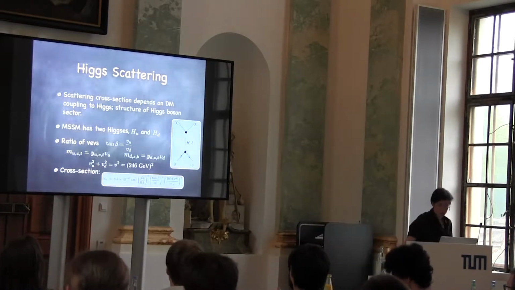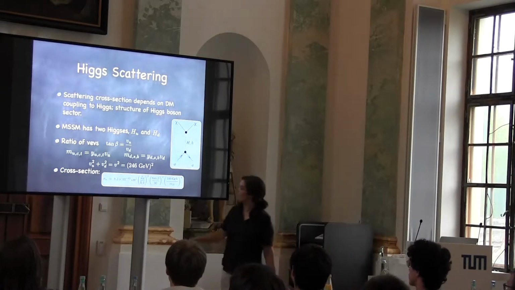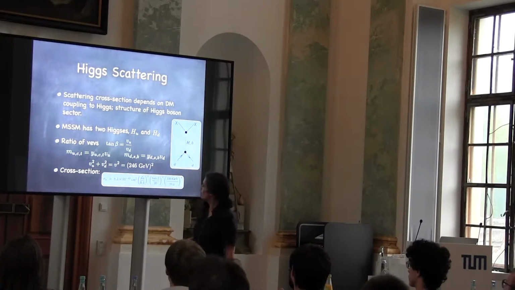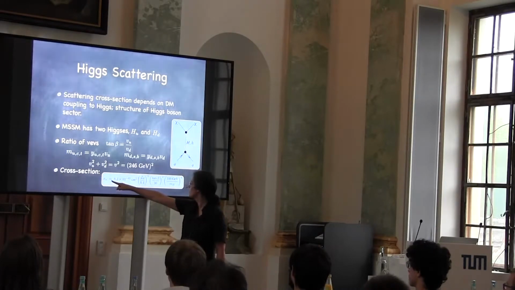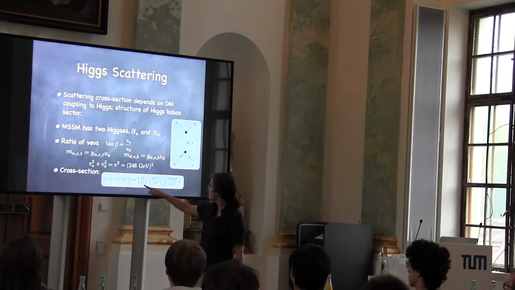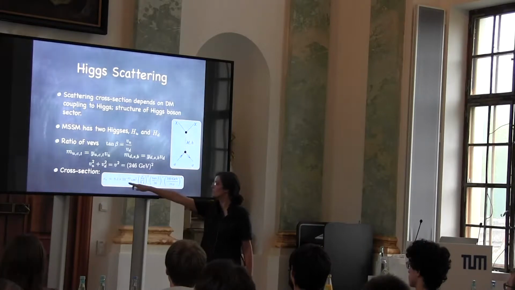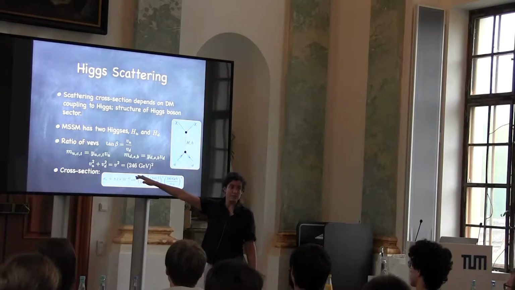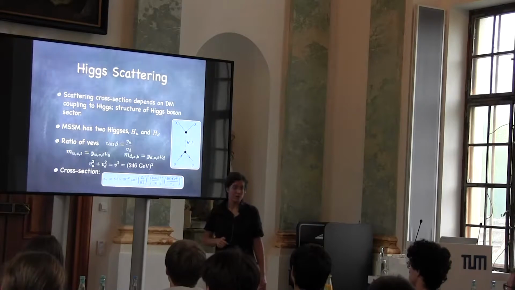So it depends very strongly on tan beta, in addition to the overall mass. Okay, so what you end up getting by doing this calculation is that the cross section depends on, for example, the down-type higgsino component, this tan beta factor, and the mass of the Higgs boson. But you can see that it ends up closer to this 10 to the minus 45, 10 to the minus 46 centimeters squared cross section.